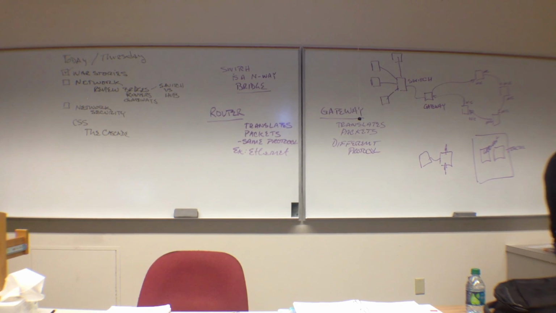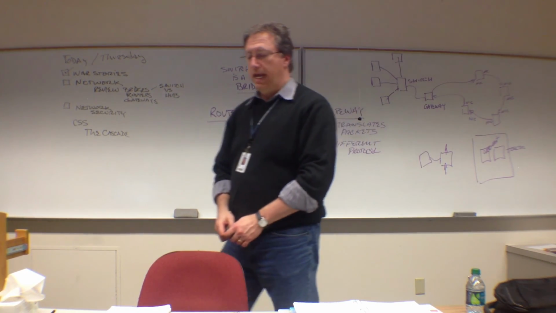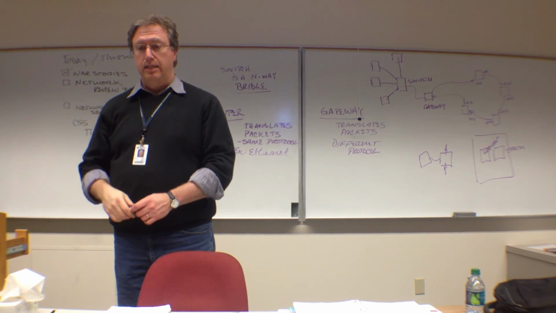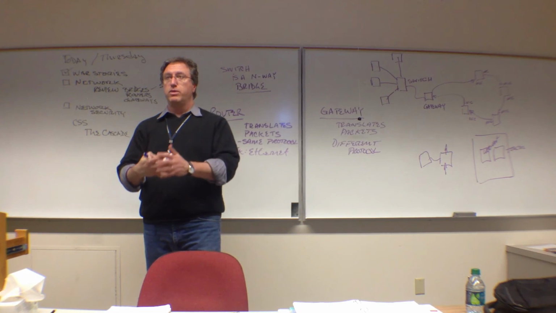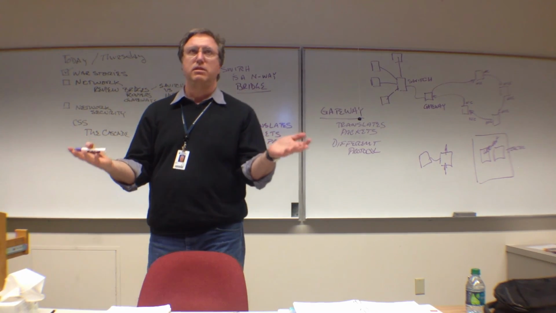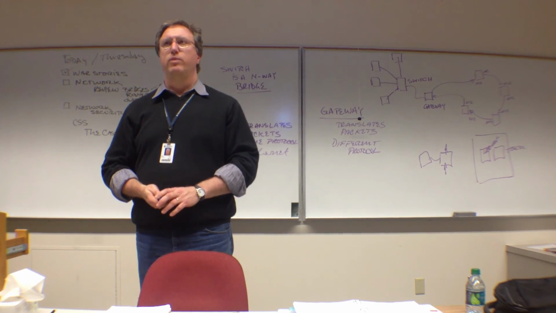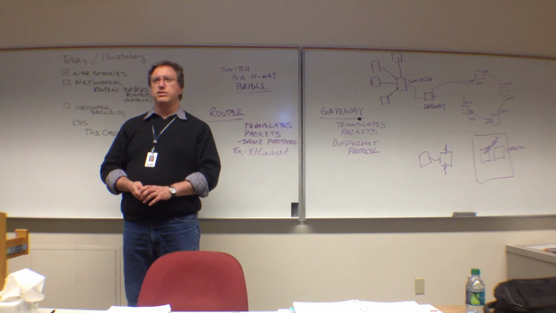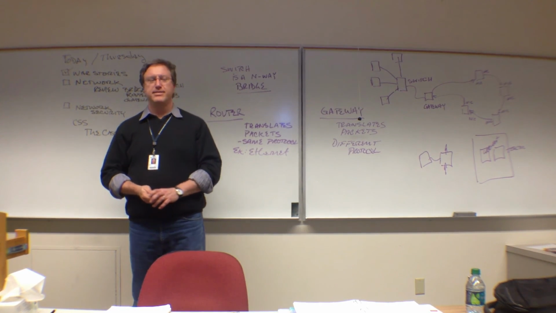A server class machine that has to pump a lot of data quite often will have 4 NICs or more, and it gets real complicated. If a device has to pump a lot of data, you have to connect up a bunch of networks, because even at 10 gigabytes a pop, that's still not enough bandwidth. So these days, about the only thing that can distinguish a server is how much money you spend on it and how many NICs it has.